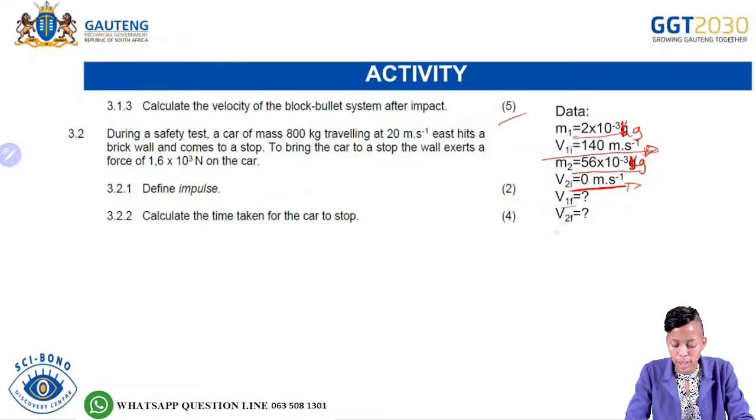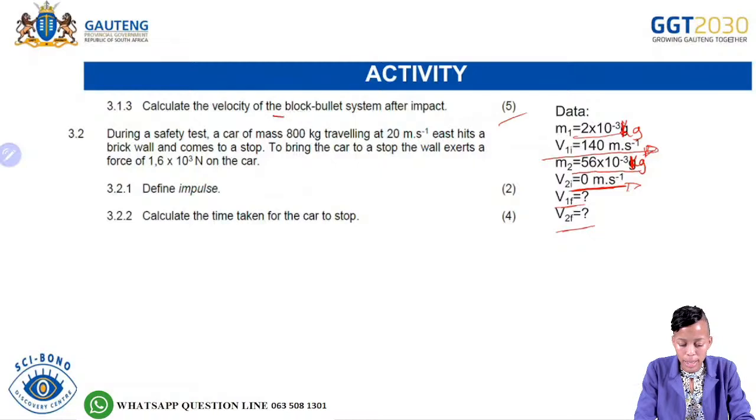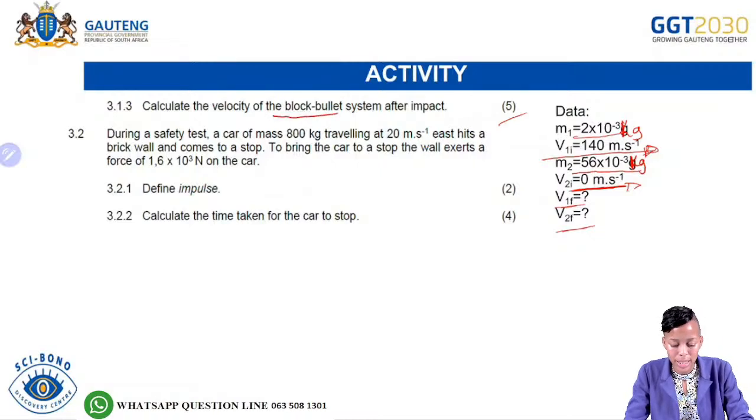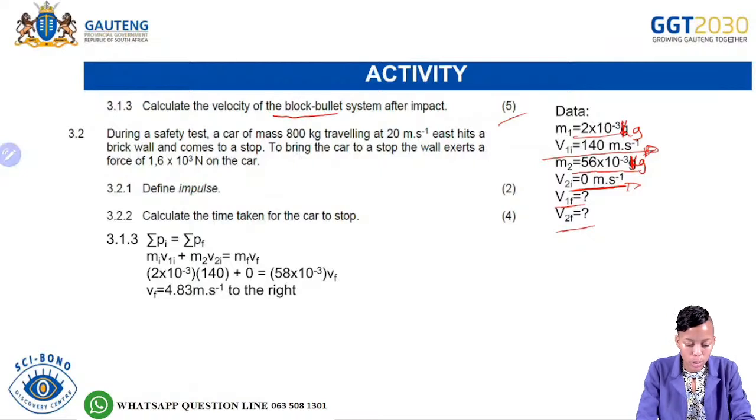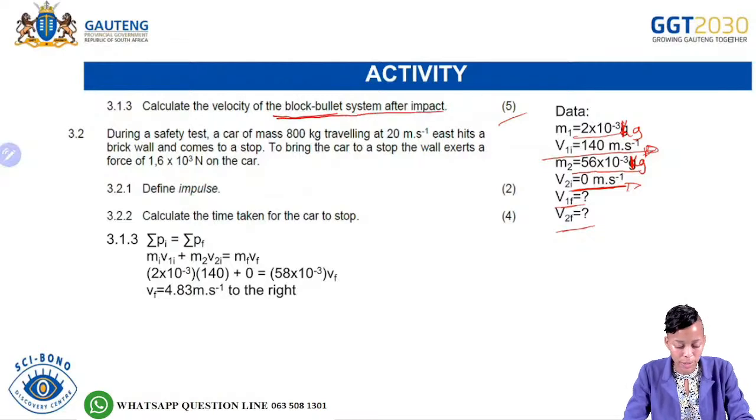Then it said that the block and the bullet were stuck together after the collision. So now the question says calculate the velocity of the block-bullet system after impact, or after the collision.